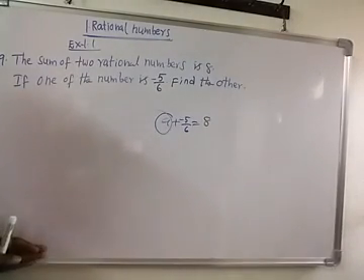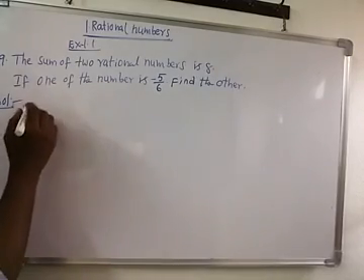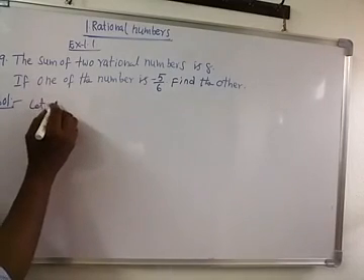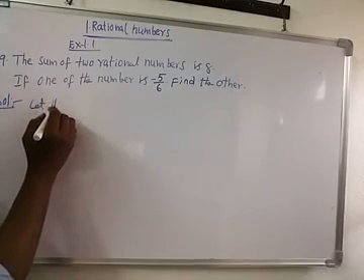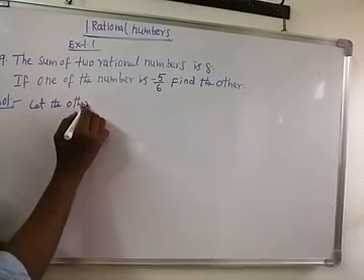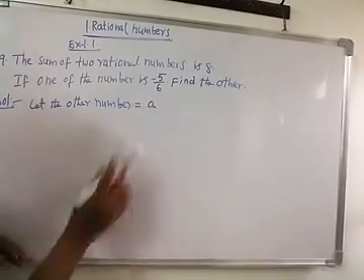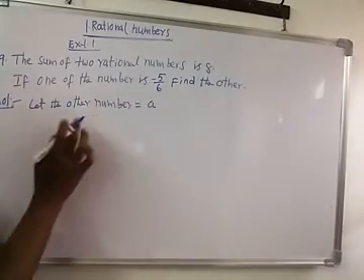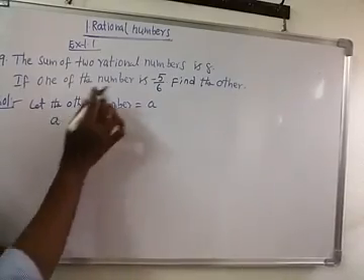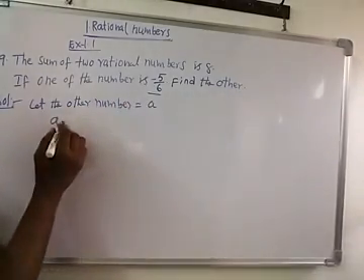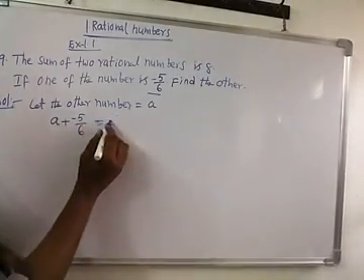Okay, see here. Let the other number be a. From the sum of the two numbers, one number is a and the other number is minus 5 by 6, and the sum is equal to, how much? 8.